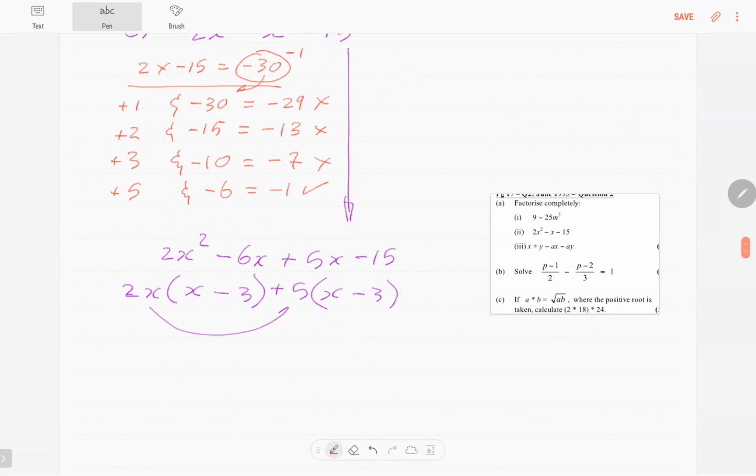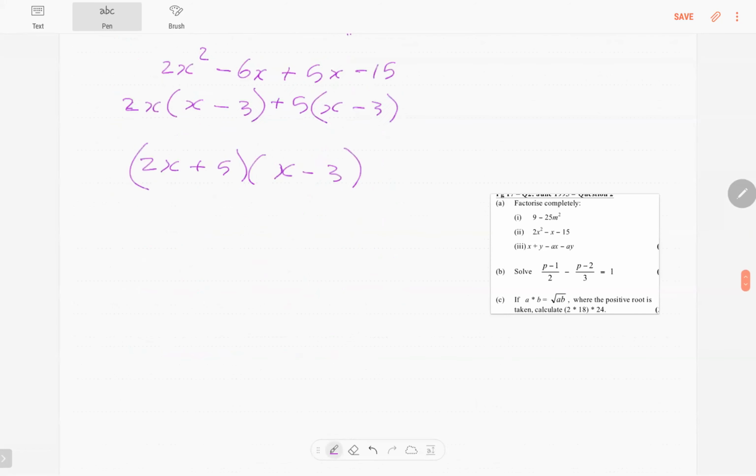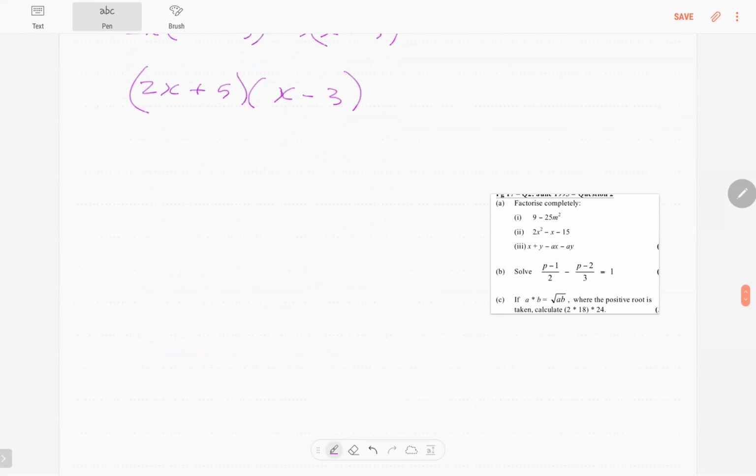And it becomes this and that times the common factor. So it is 2x plus 5 and the common factor of x minus 3. All right, that's that part of it. All right, the other part is factorization by parts.